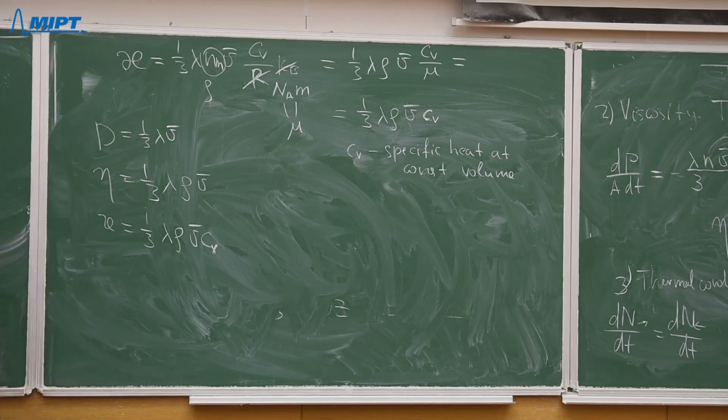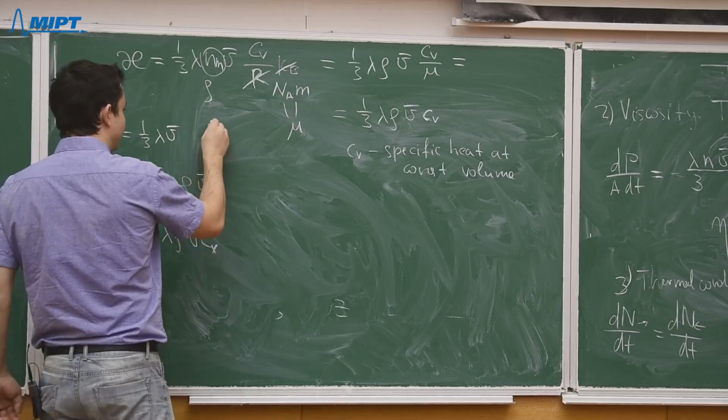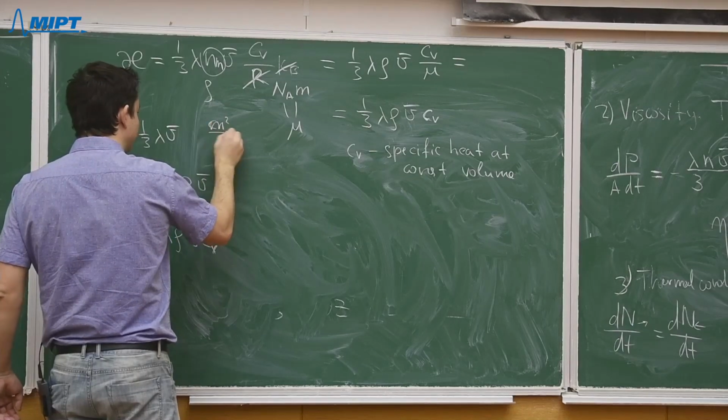Actually, these equations can be determined from some simple considerations like the dimension analysis. For the diffusion coefficient, it has the dimension of meters squared over second.